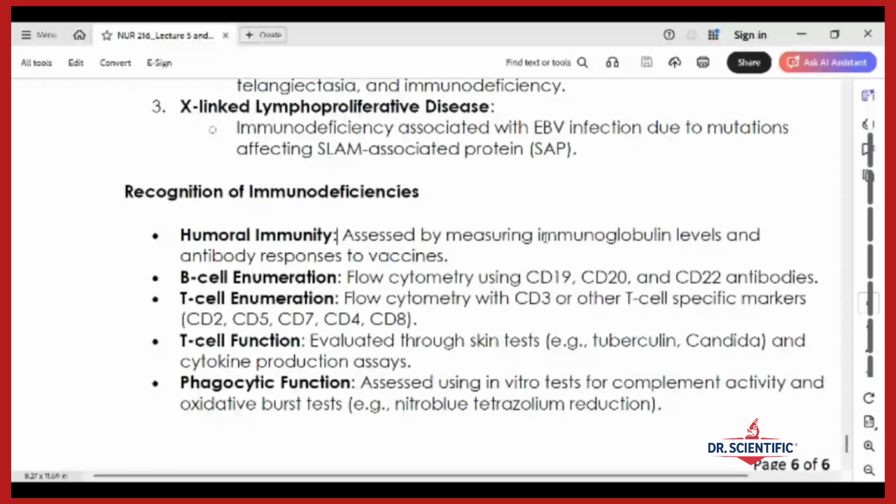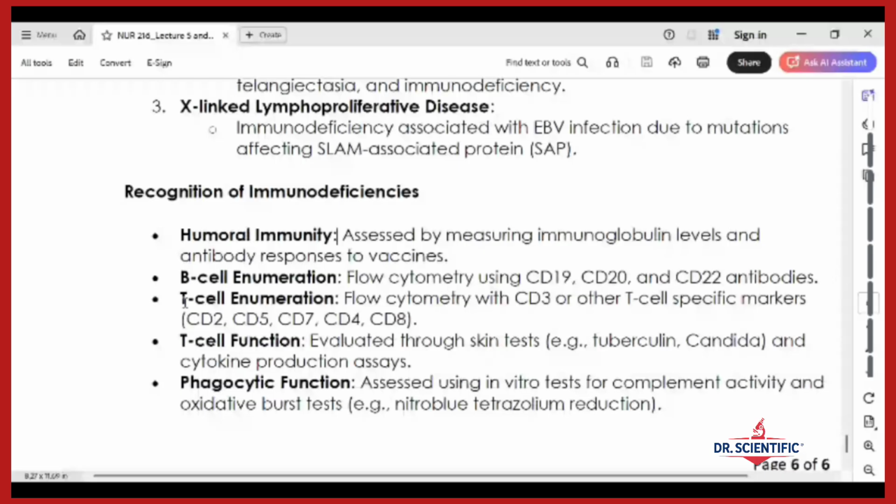You can also count B cells using flow cytometry, and B cells are referred to as CD19. B cells also carry CD20 and CD22 as markers. So you're able to count them using flow cytometers, and you'll know whether there is an infection or not.